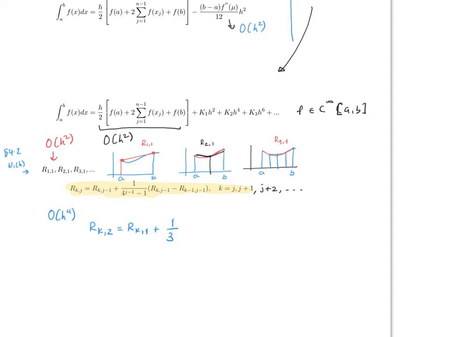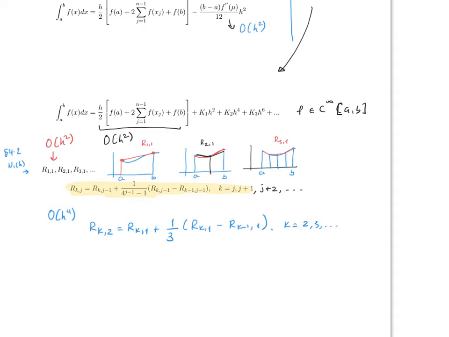And then this will be Rk1, which we have these values from before, minus Rk minus 1,1, where these values will be the values that have big O of h squared. Again, this will be true for k equals 2, 3, and so forth.